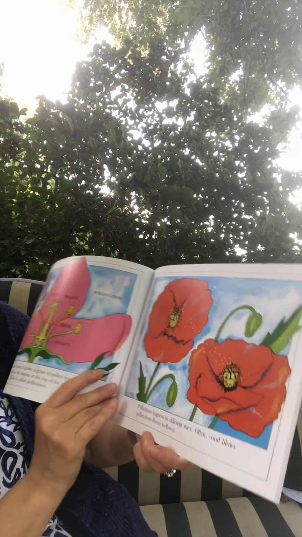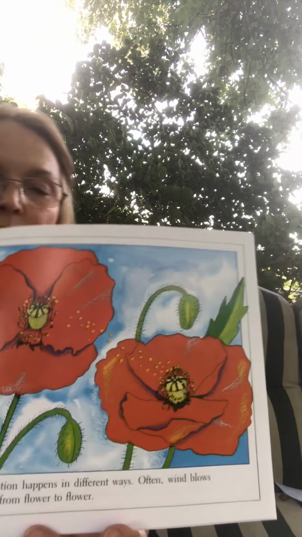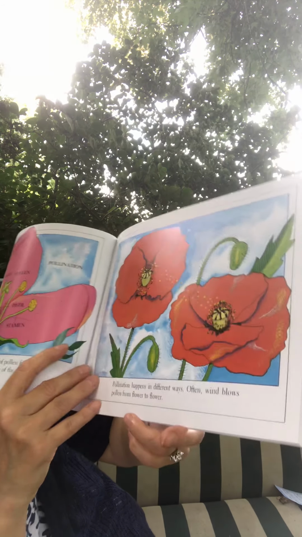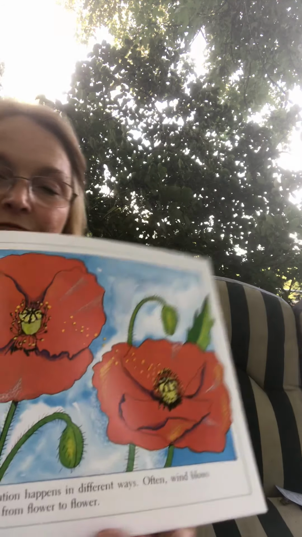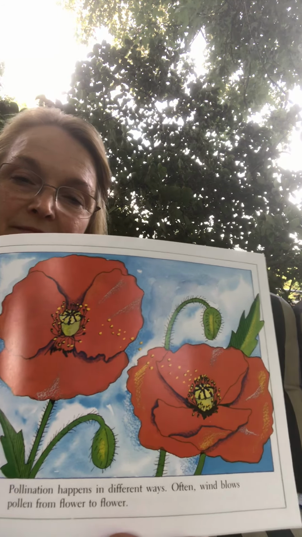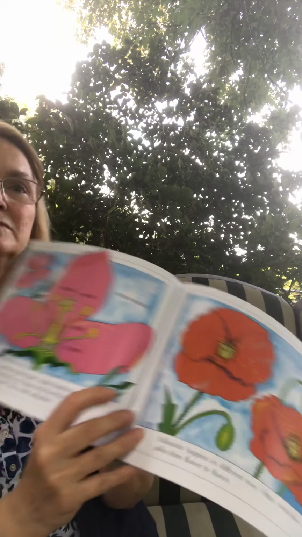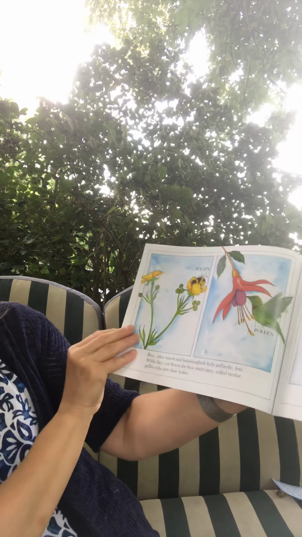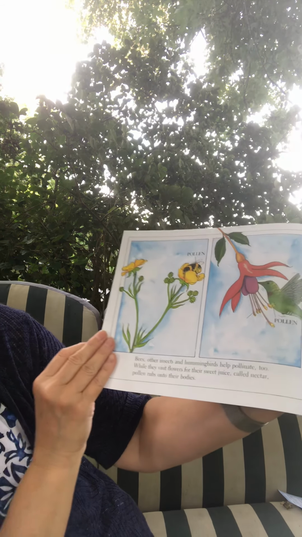Pollination happens in different ways. Often the wind blows pollen from flower to flower. Bees, other insects, and hummingbirds help pollinate too.